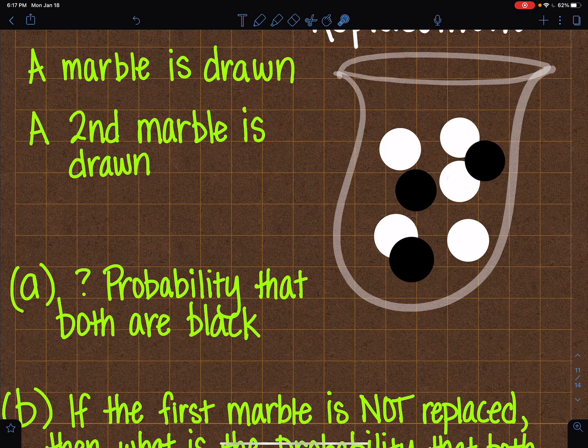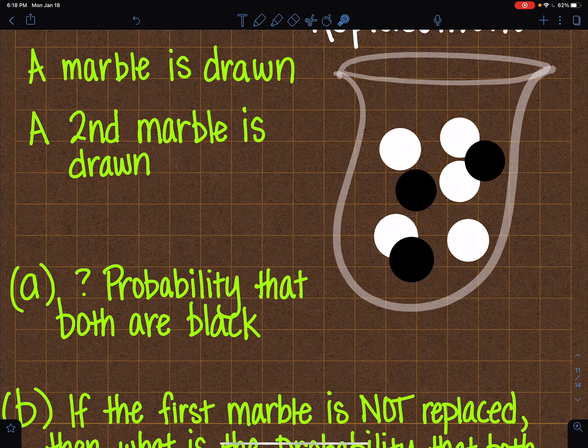And then you draw another marble out, and then you put it back. It turns out that if you pull it out and you don't put it back, that's going to change the chances of what you get on the next draw. That makes sense, of course, because if you pull out a white one and that one's not there anymore, then your odds are going to change over what's left, right?